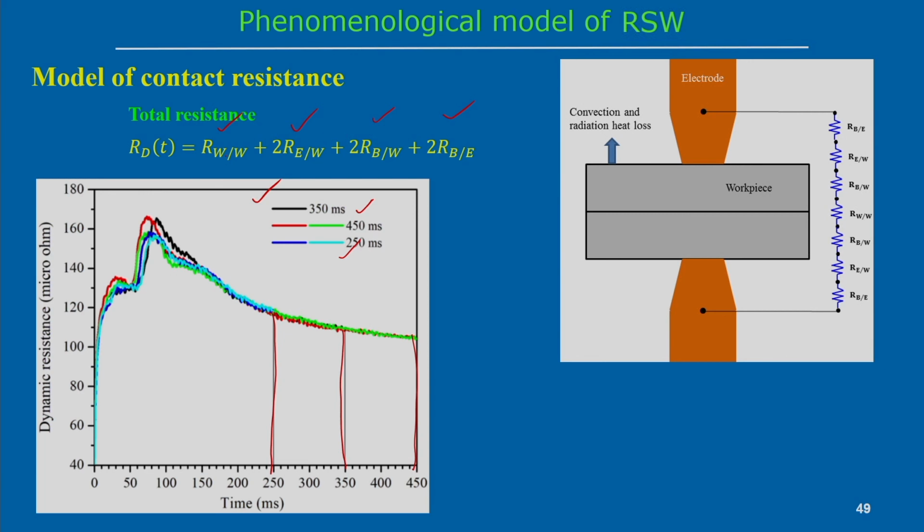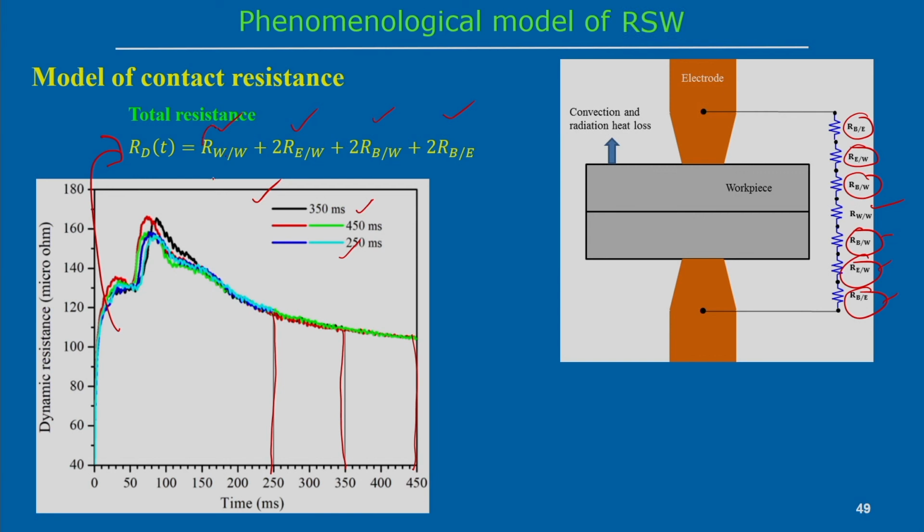Some of them are the same on both sides, the electrode-workpiece contact is also the same on both sides, and the bulk electrode resistance also the same on both sides. So that is 1, 2, 3, and this is the fourth one. So, total 4 resistance components, and this is the measure of the total resistance. This total resistance we can also measure experimentally during the process.